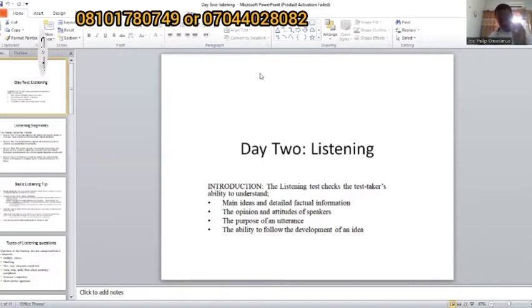Number 2, it checks your understanding of the opinions of speakers, as well as their attitude during each speech.